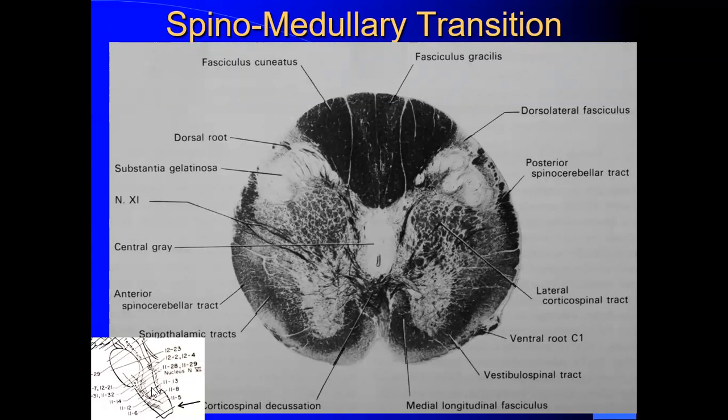And by the way, down here are your axial locations that we'll be using, and I give you this for every section. All of these sections and these Weigert stains are from Truex and Carpenter 8th edition, and are, in my opinion, the best available atlas that you have of brainstem.